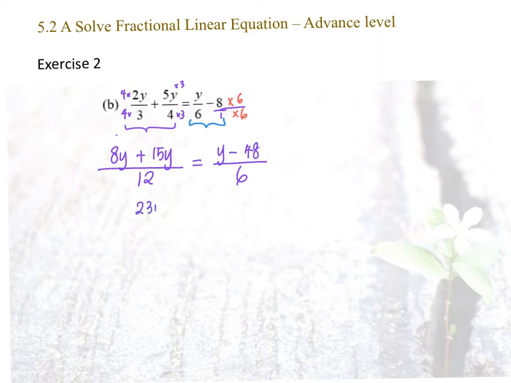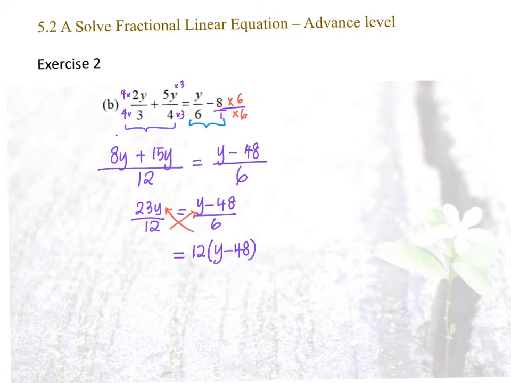Now, simplifying our fraction, we have the following. Cross multiplying, 12 times y minus 48 and cross over 6 times 23y. What do we do with the brackets now?